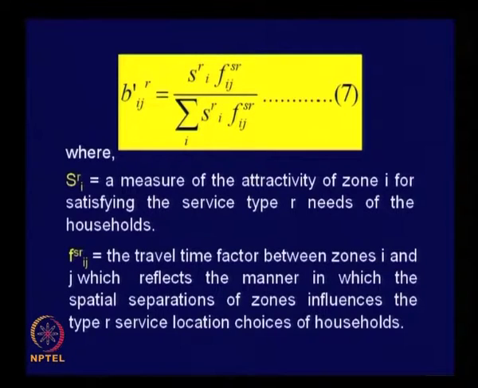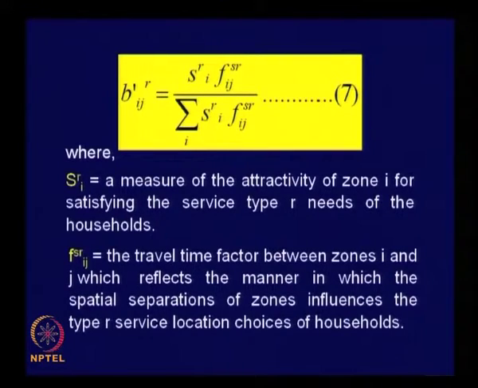And F_R_ij is a travel time factor between zones i and j, which reflects the manner in which the spatial separations of zones influences the type or service location choices of households. Clear?